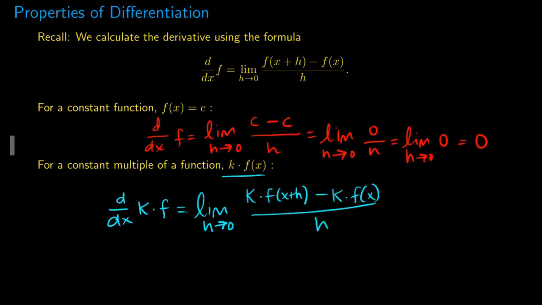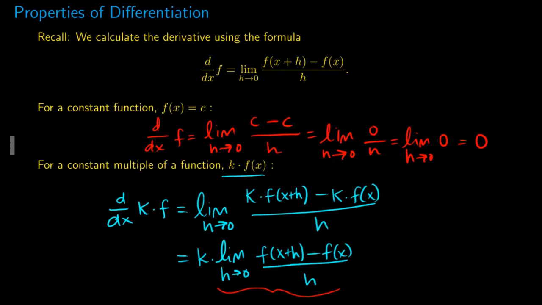But we can factor that k out of the top, so this is just k times the limit as h approaches 0 of f of x plus h minus f of x over h. But notice now this portion, this limit, that's just the derivative of f of x. So this whole thing is just equal to k times the derivative of f of x.